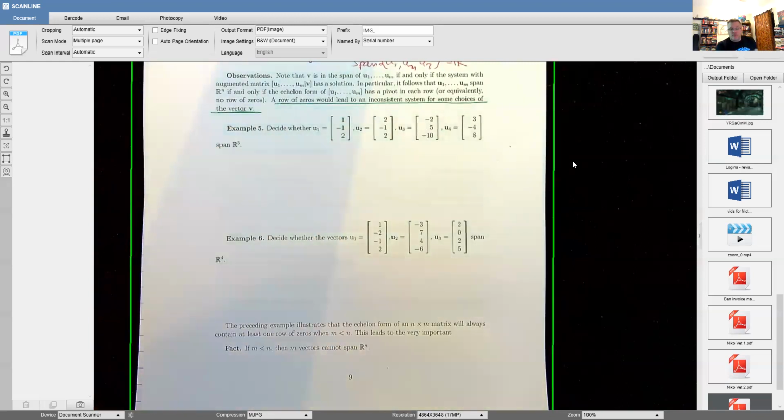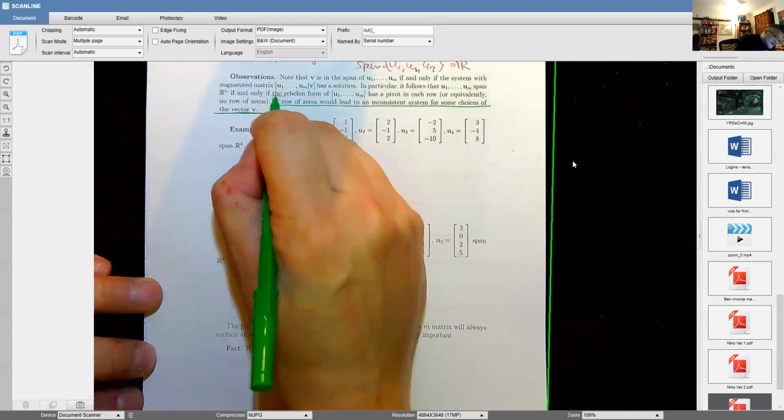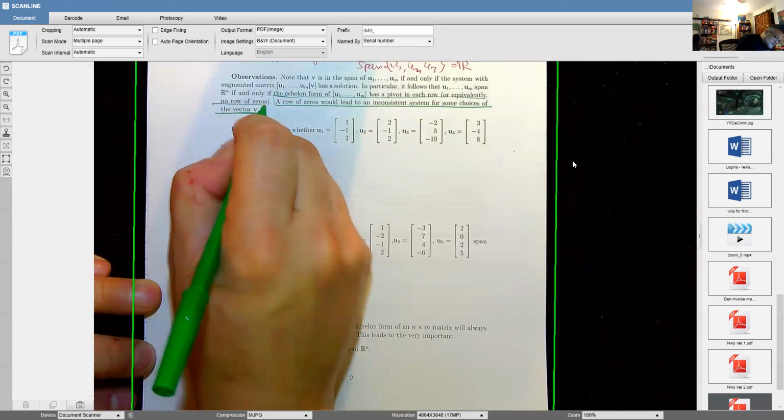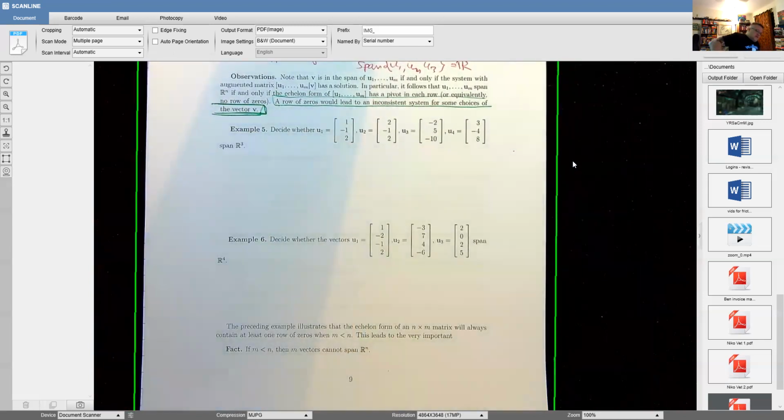Not necessarily all of them, but a condition has to be imposed on the components, and the minute that happens, a vector that doesn't satisfy those conditions is not in the span. So this is a key result: vectors will span a space if and only if there are no 0 rows in the echelon form of the augmented matrix.